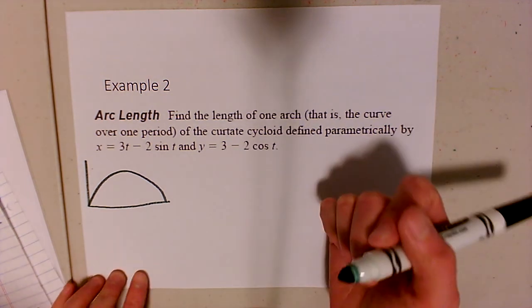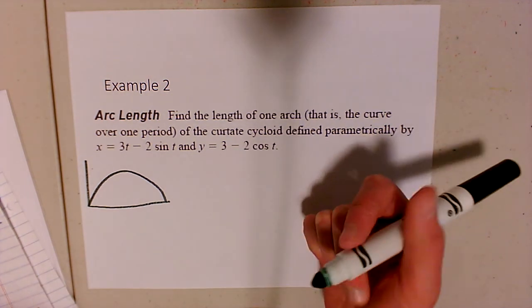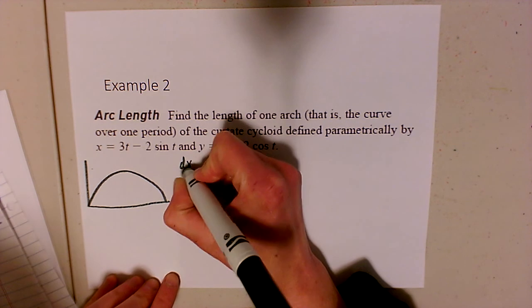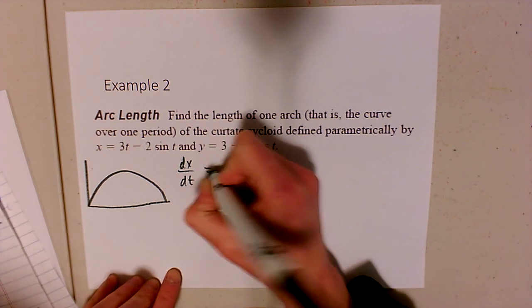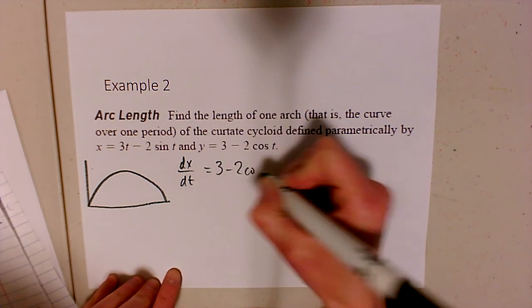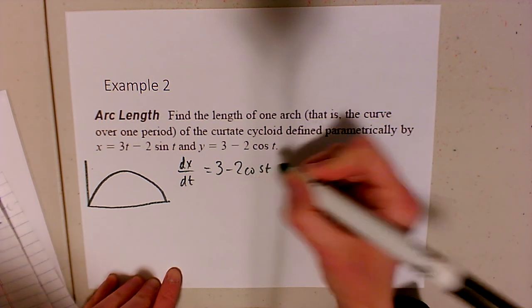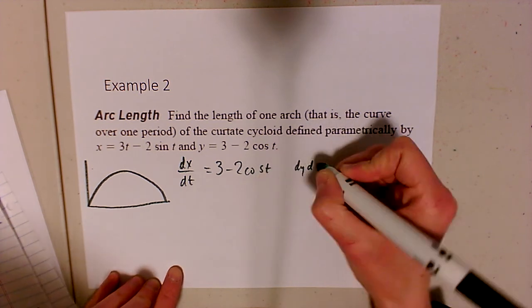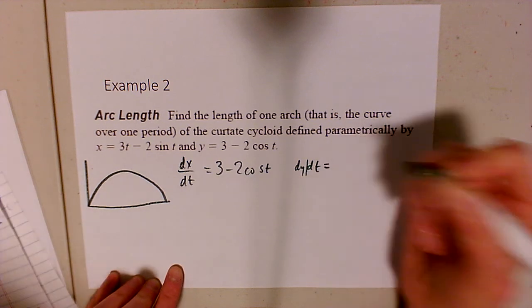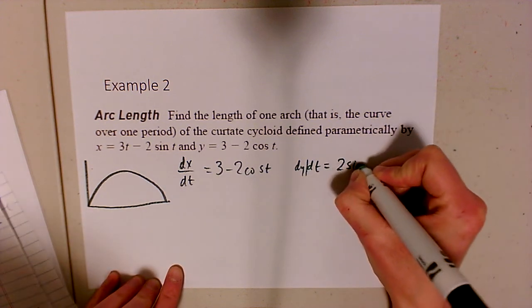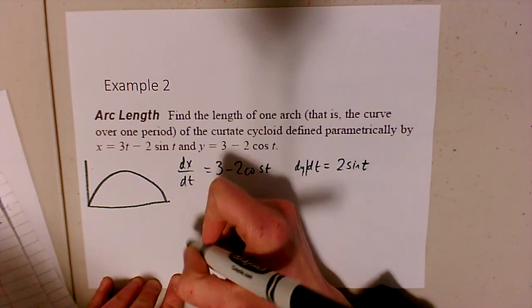So then we can start off by taking our derivatives of our x and y functions with respect to t. So we can say dx dt is 3 minus 2 cosine t, and dy dt is going to be 2 sine t.